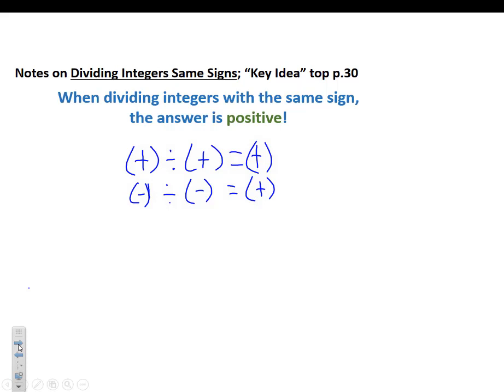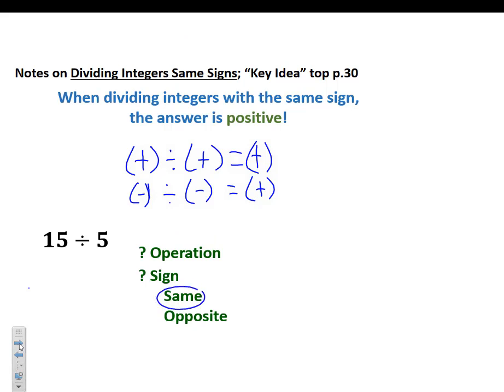Now, ladies and gentlemen, of course, you already know why. I showed you why after our multiplication video, why a negative times a negative does give us a positive integer. So taking a look at some examples here. We have 15 divided by 5. Please remember, as always, we take a look at the operation first. And of course, we are dividing. And then we take a look at the signs. And right now, we have the same signs.